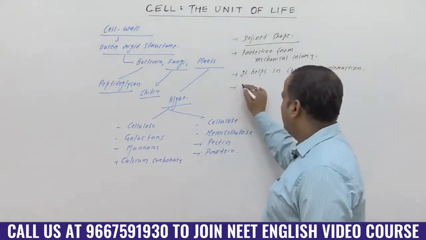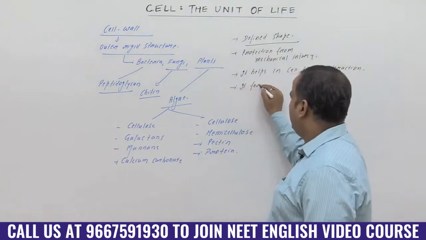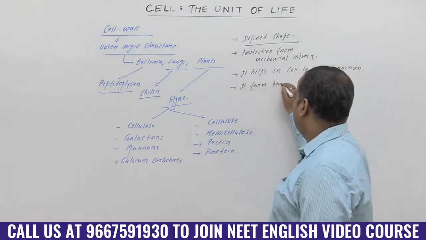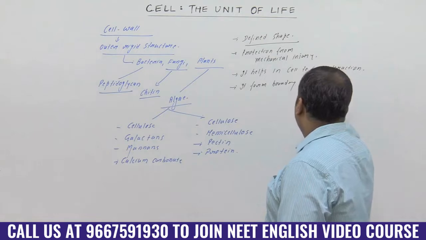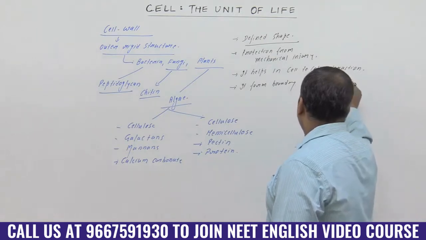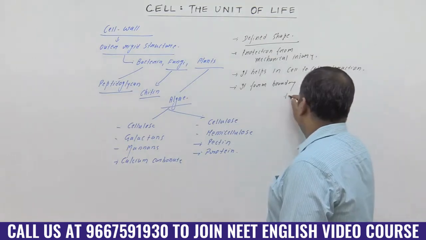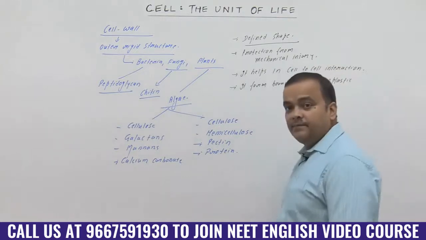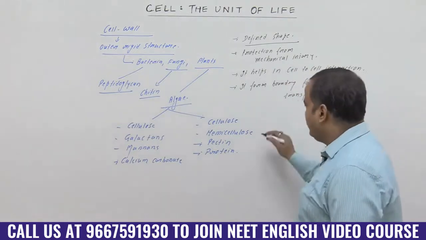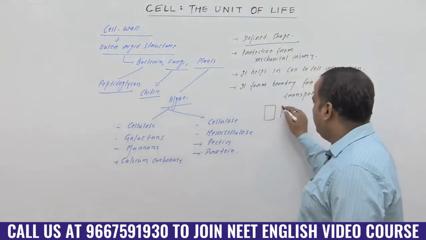Then it forms boundary for apoplastic transport. Okay, what is apoplastic transport? Suppose this is a plant cell and this is another plant cell.